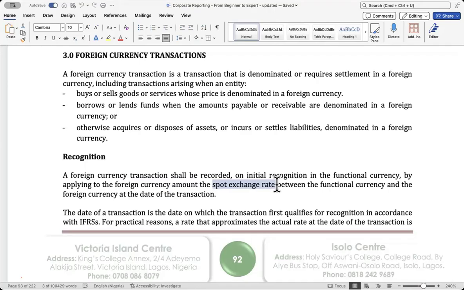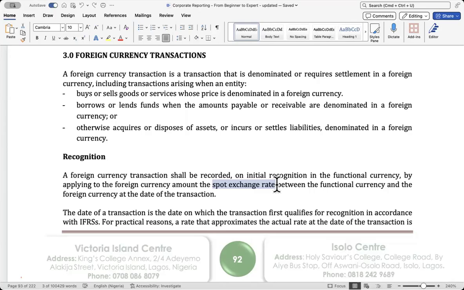So, you are going to translate, you are going to convert that foreign currency into your functional currency using the spot exchange rate. So, if you buy machinery in US today, as soon as you have bought it and the person has transferred control, whether or not you have gotten delivery, at least you have bought it.